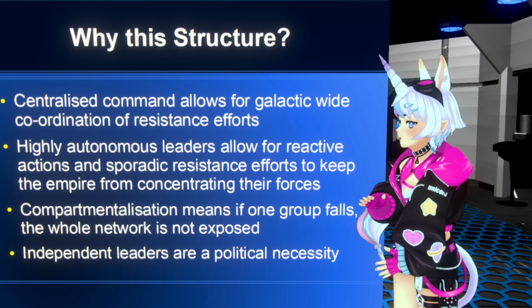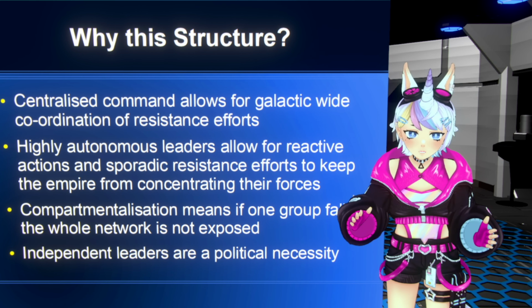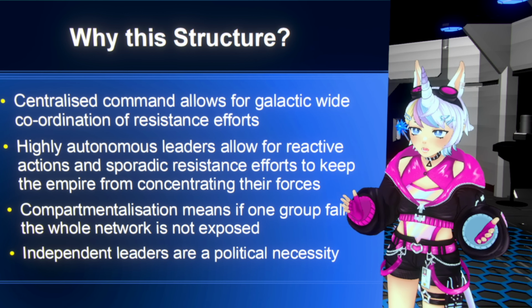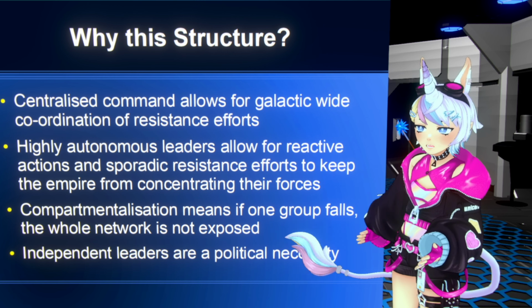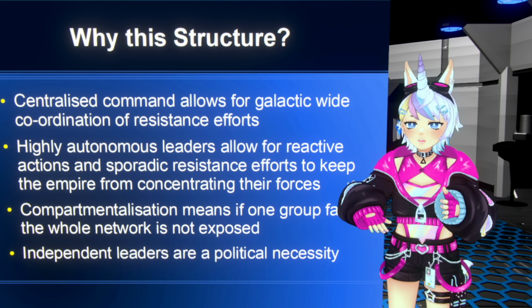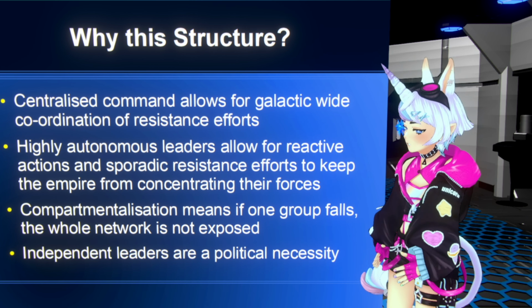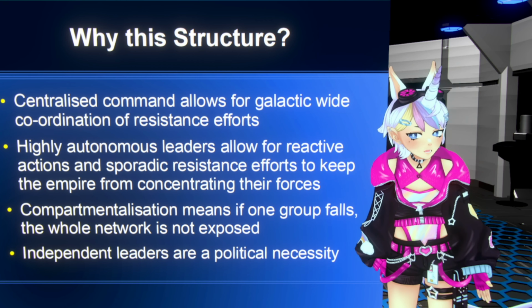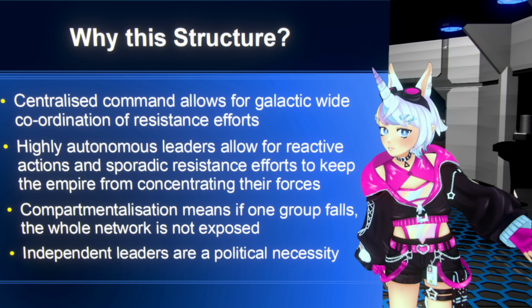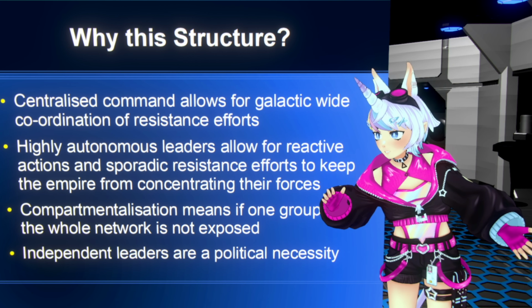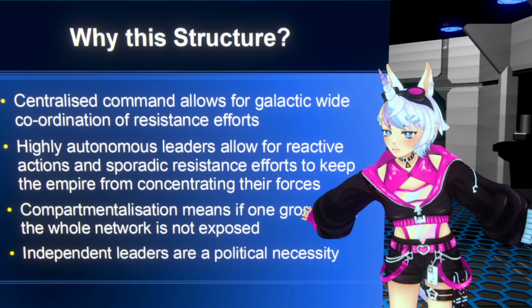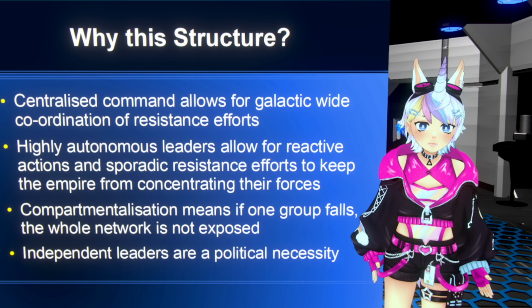However, this does give them a really good advantage because it allows reactive actions and sporadic resistance efforts to keep the Empire from concentrating their forces. It means that if you have a fire over here, you can't necessarily say that you also have a fire over there because you can't link the two together.